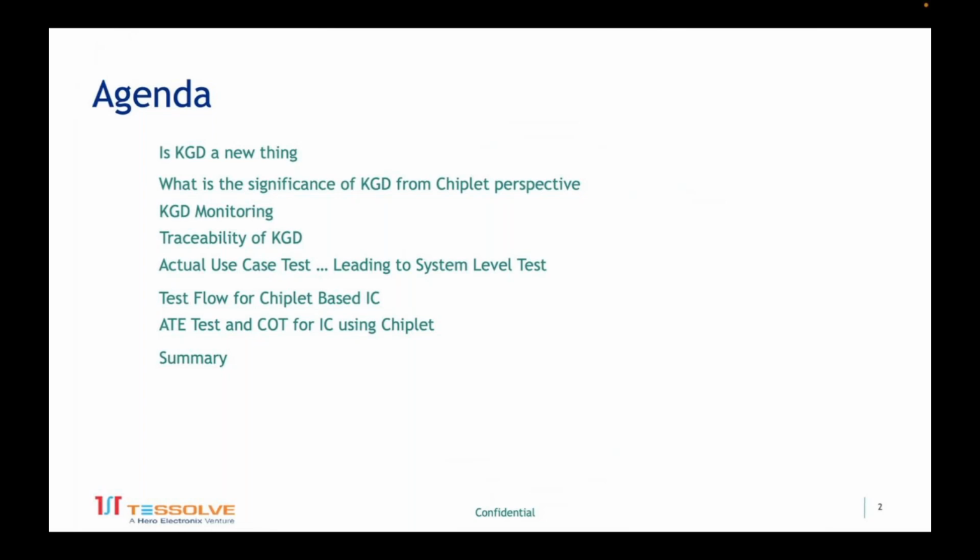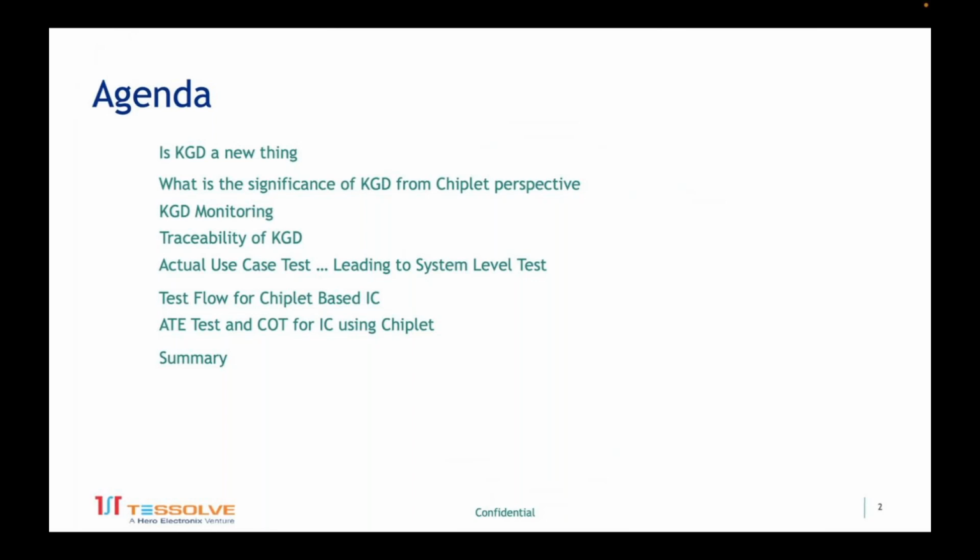So we'll talk a little bit about the traceability of a KGD. In some of these very large integrations, when we test as an individual die versus as a packaged die, sometimes we may not be able to replicate the actual use case scenario.